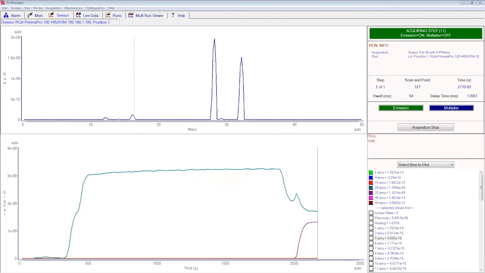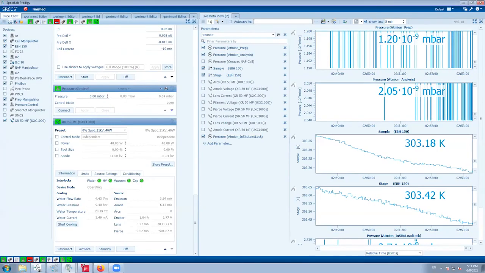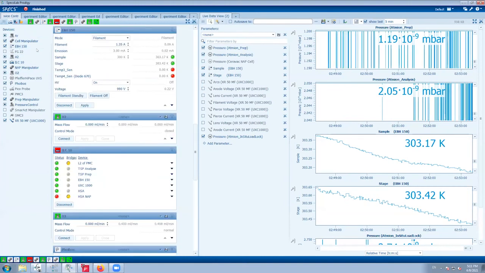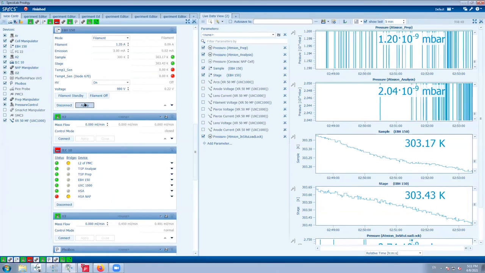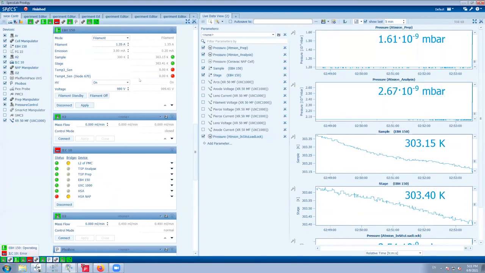Where is it? So here we have another bookmark, which is the EBH, electron beam heater, and we are heating the sample.